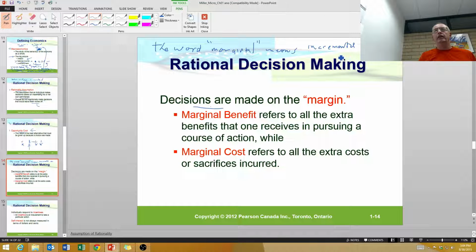Or additional. Or extra. That's the only thing it means in the world of economics.